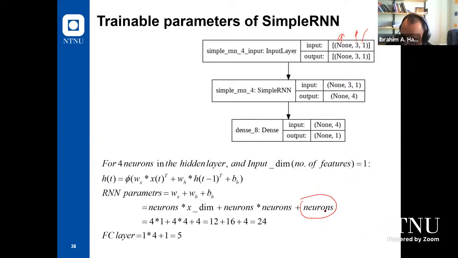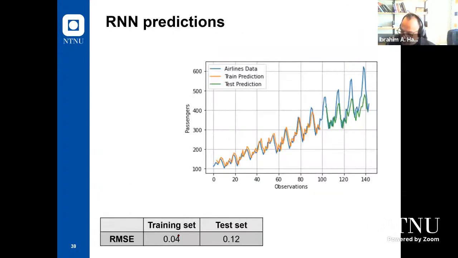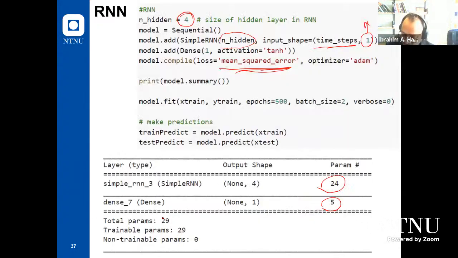Sorry, this one is not correct. This one is the bias b_h, right? If we selected this one equal 4, so this b_h will be 4. I need to fix this one. So these are the RNN parameters. For the fully connected layer, it would be 1 times 4 plus 1. So in total, it would be 29 parameters. We will have 29 parameters.